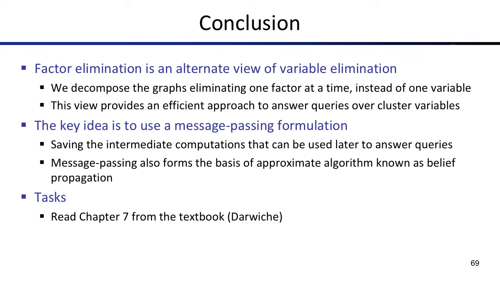So we will have cycles, and we will run into some issues because we saw that to start sending the messages, we needed to have one peripheral node. But now if we have cycles, we will have this dependency. In order for me to send a message to you, I need to wait for someone else, but we are in a cycle, so how do we solve that? Belief propagation will solve this issue using an approximate inference method.